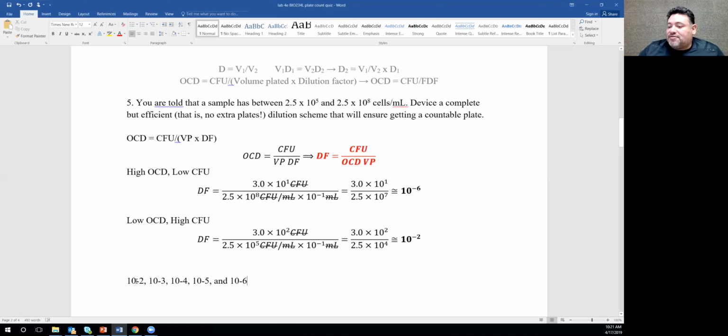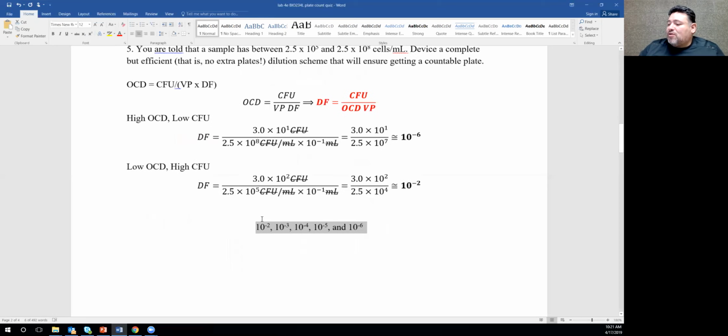And I'll go ahead and make those superscripts. Okay, go ahead and center them. So there's my lower bound, there's my upper bound. So that means I would have to do a dilution with my sample. I'd have to dilute by 100, by 1,000, by 10,000, by 100,000, and by 1,000,000.